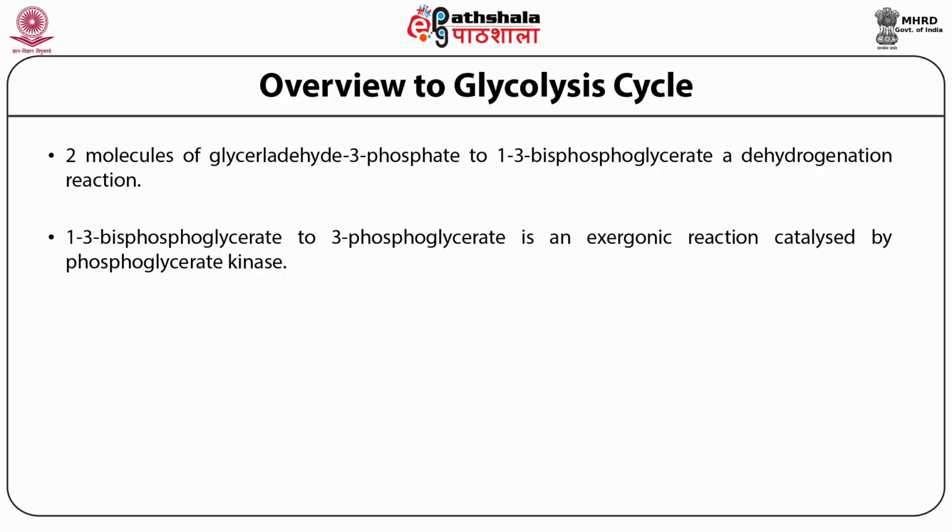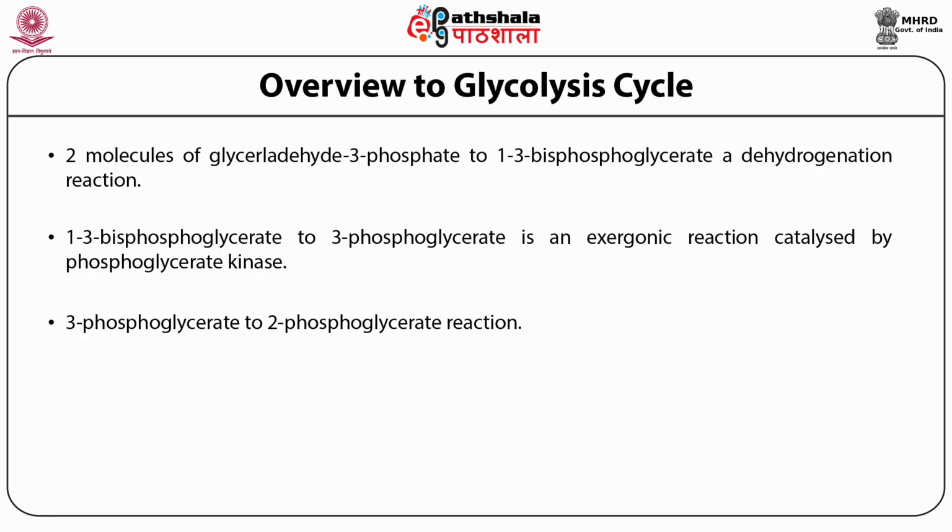This is eventually converted to 3-phosphoglycerate in an exergonic reaction, which is catalyzed by phosphoglycerate kinase. The high energy bond in 1,3-bisphosphoglycerate is hydrolyzed to a carboxylic acid and the energy liberated is used to form an energy rich compound like ATP from ADP. 3-phosphoglycerate to 2-phosphoglycerate is where the phosphate group shifts from the third position to the second position.